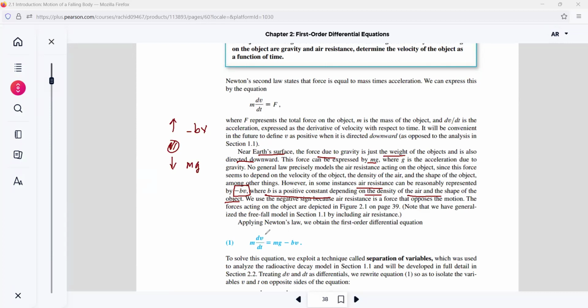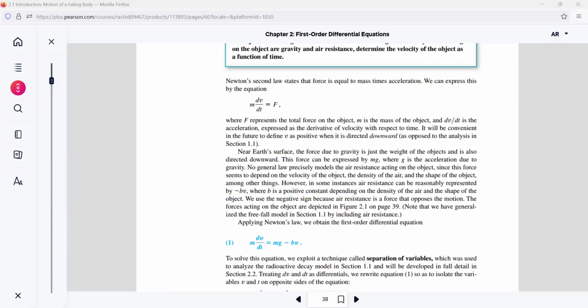So applying Newton's law, we obtain this first order equation, this first ODE, which says that the mass times the acceleration equals the mass times the gravity minus some resistance. And to solve this, we're going to do separation of variables.